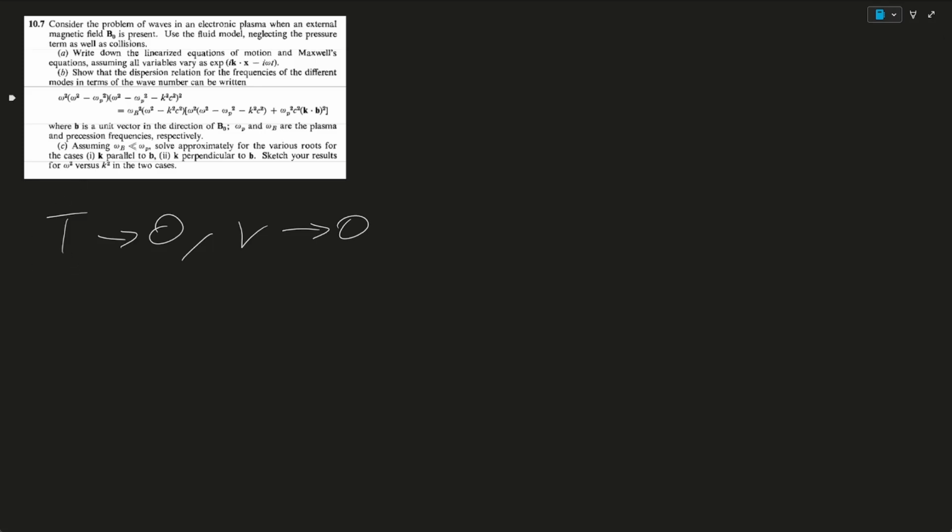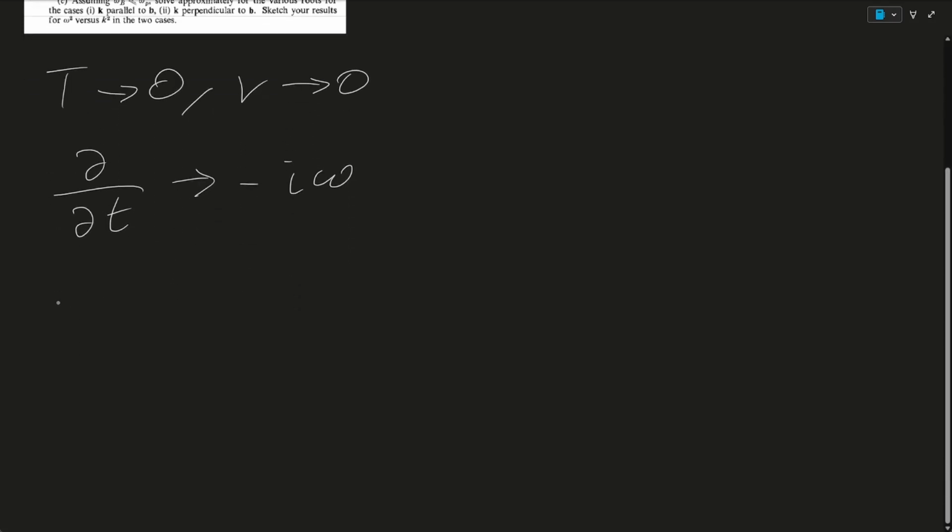Sorry, an app's opening on the computer and I didn't like it. Our time derivative becomes minus i omega, of course, and del becomes i k in the k direction.